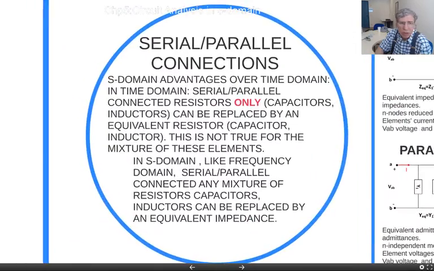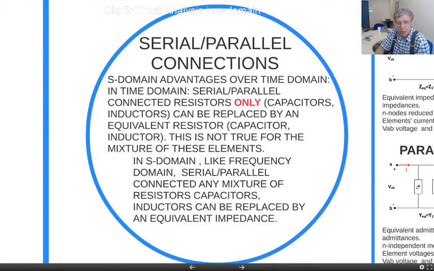What it says here: S domain advantages over time domain. In time domain, serial parallel connected resistors only, or only capacitors, or only inductors can be replaced by an equivalent resistor, capacitor or inductor correspondingly. This is not true for the mixture of these elements.